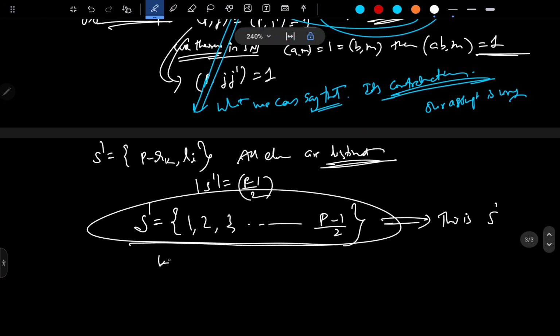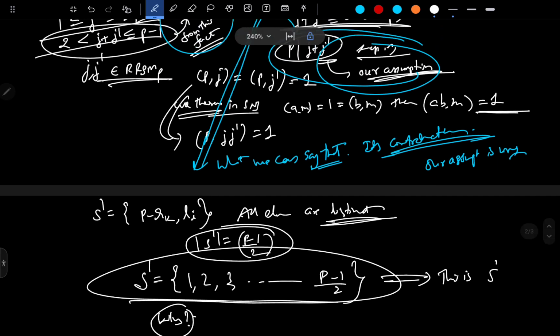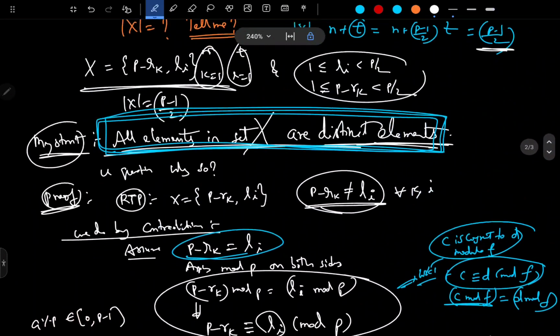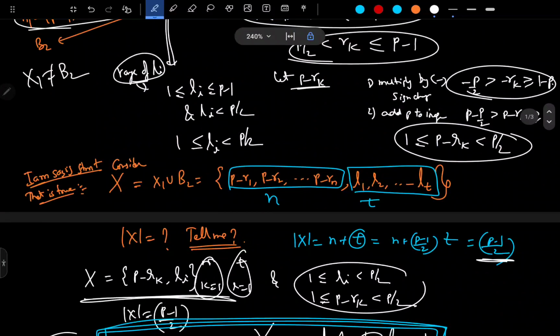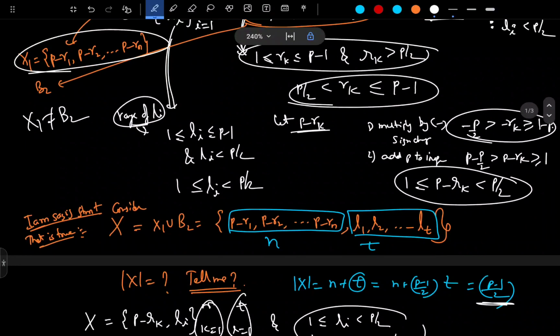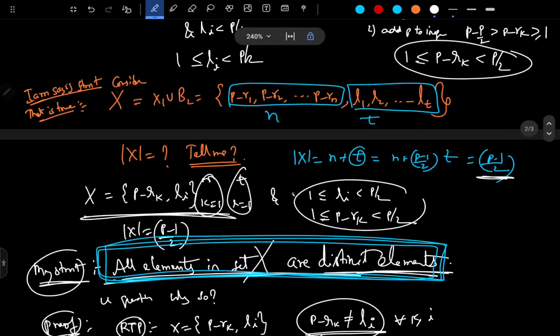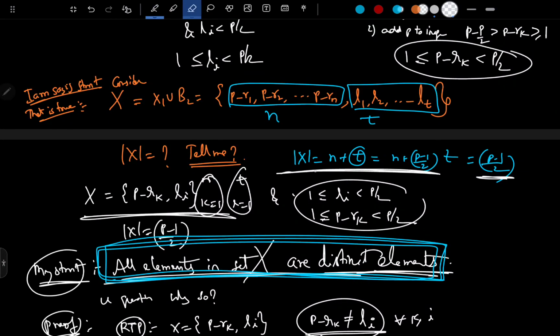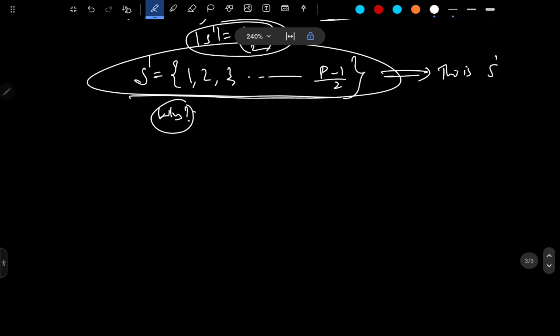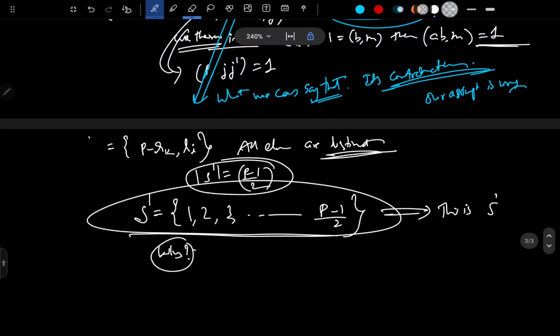I am saying mod S dash is nothing but P minus 1 by 2. Why so? I have done this previously, you can refer to it, where I have written mod x equals P minus 1 by 2. This is known as x in our case.